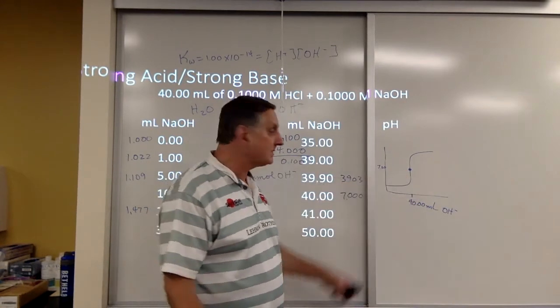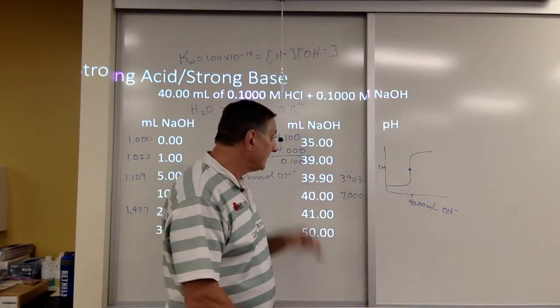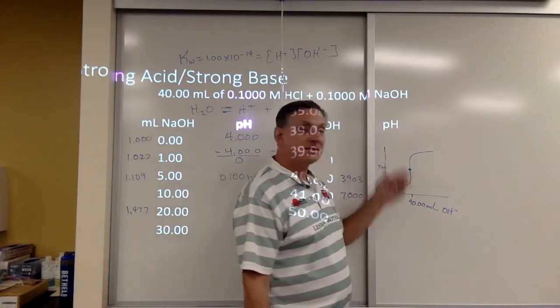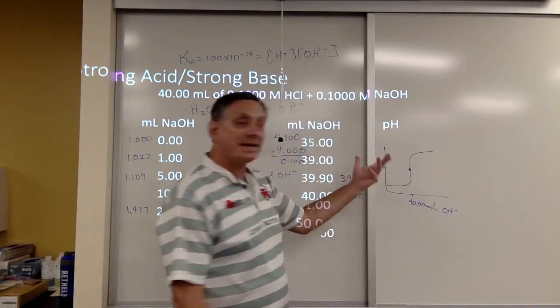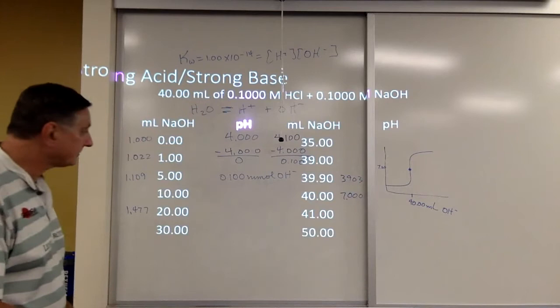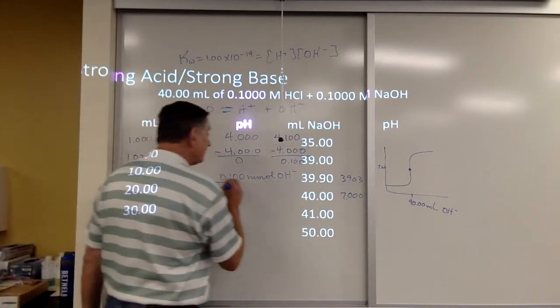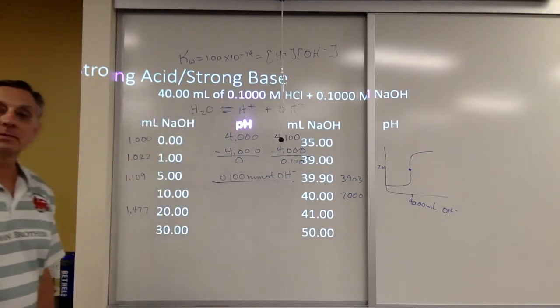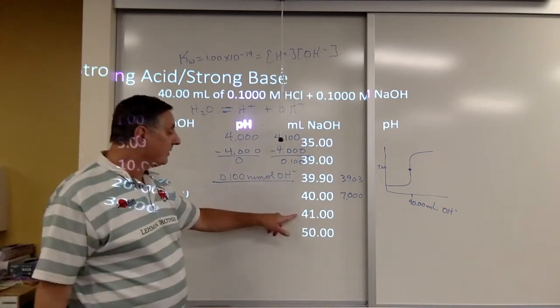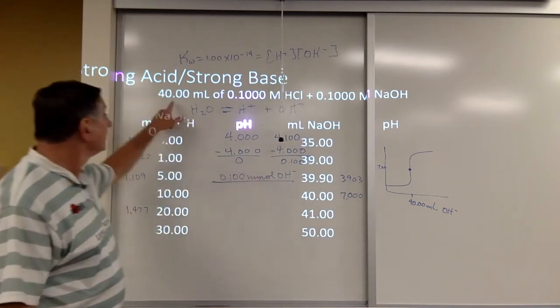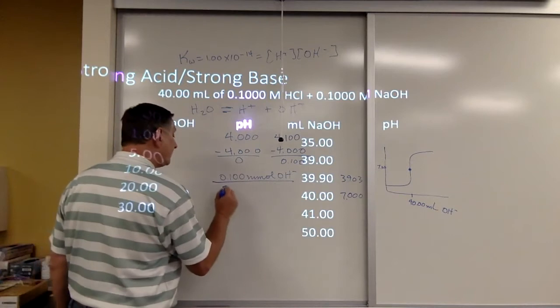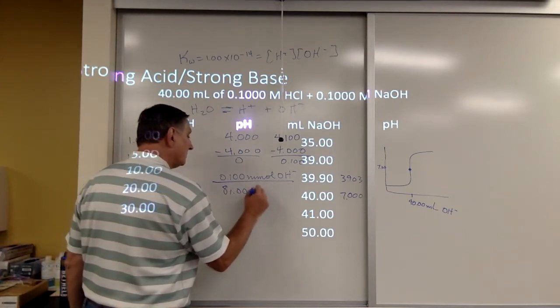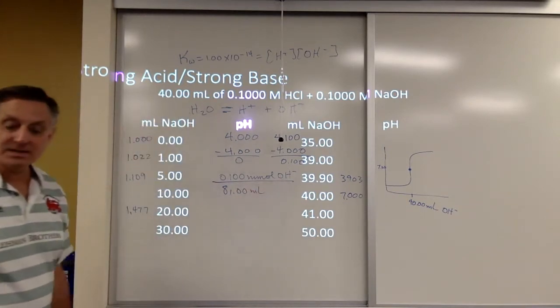The equivalence point is the steepest part of the curve. Now we are past the steepest part of the curve. We have an excess of hydroxide ion. We know how many millimoles, and we divide by the total volume in milliliters. The total volume is 41 plus 40 to give us 81. Remember now this is hydroxide.